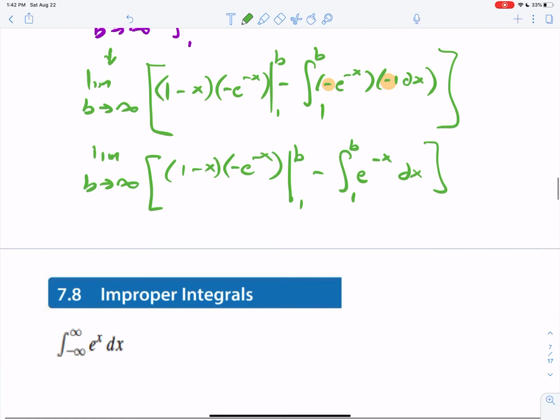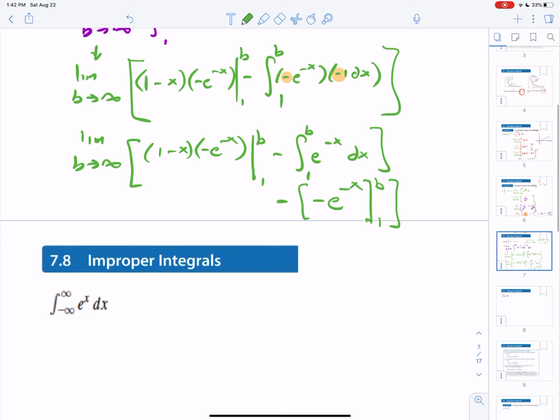All right? The integral of that is going to be negative e to the negative x from 1 to b. Let me add in another sheet here, just so I don't have to erase anything.